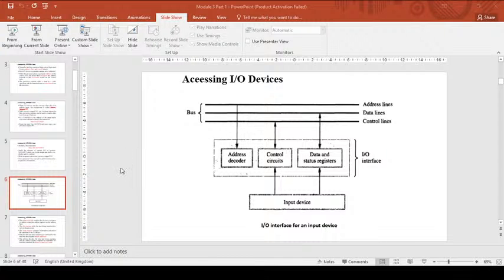Then the program has to end as soon as one line of characters is read and displayed. Now, how do you check whether one line of characters is entered and displayed? You have to compare the character entered, that is present in R1, with the carriage return. 0D is the hexadecimal ASCII code for a carriage return.